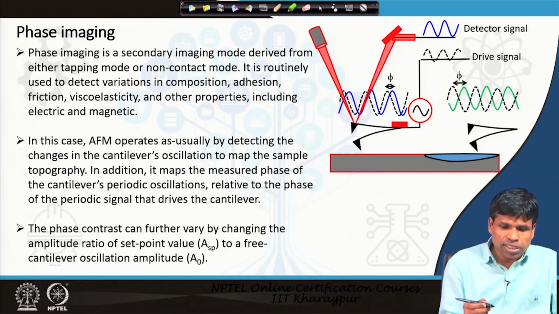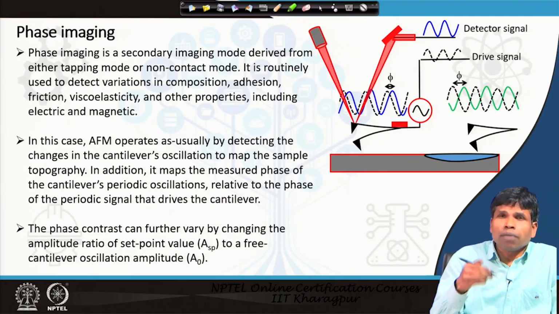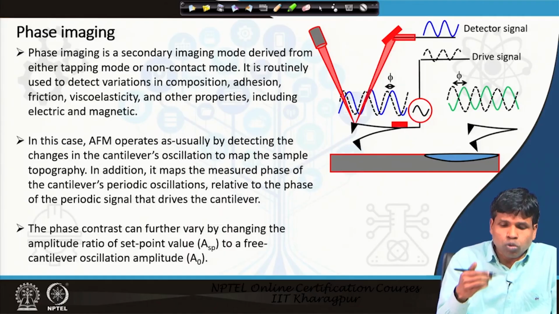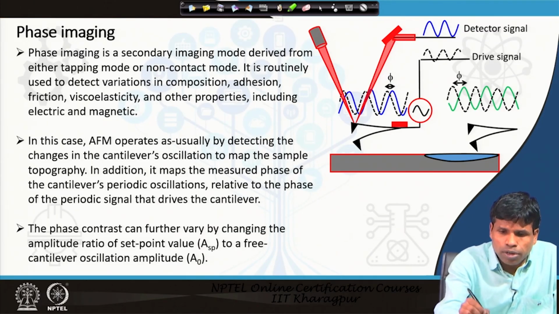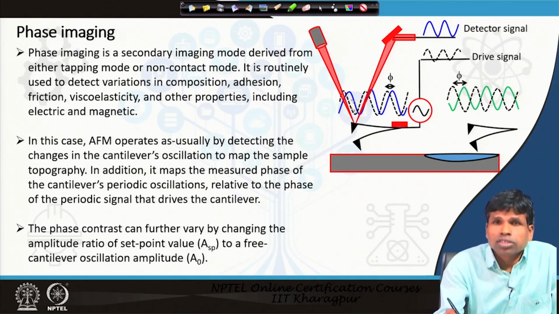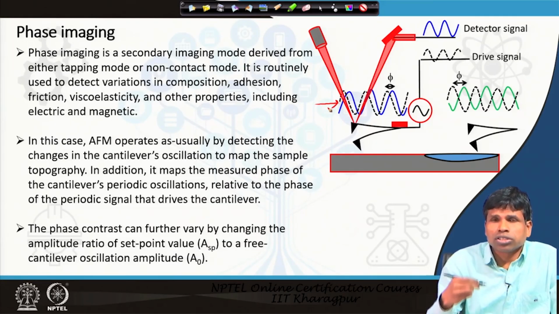The phase contrast can be varied by changing the amplitude of the oscillation. One oscillation amplitude that we drive at is called the set point value. For example, let us say this dash line is a particular oscillation value, where the oscillation is happening with a particular amplitude.